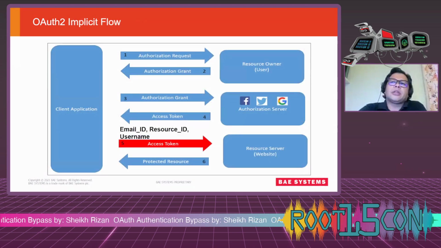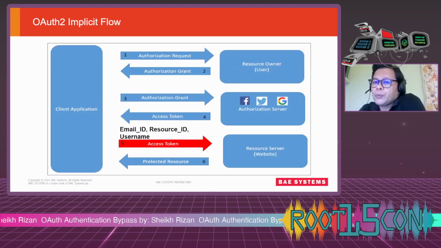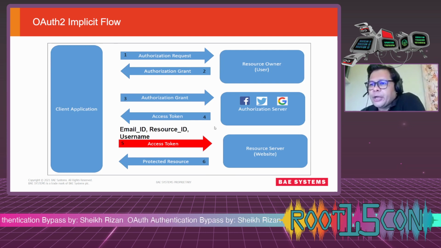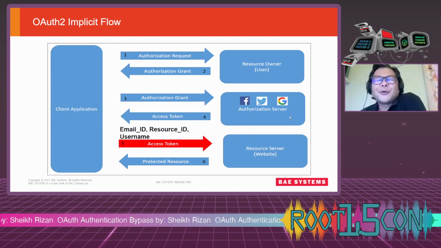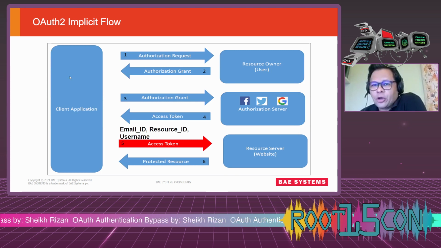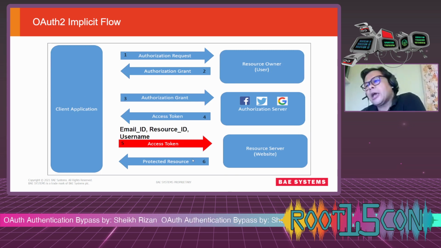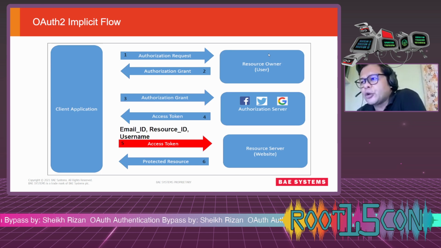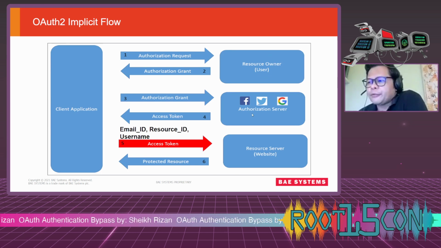Firstly, let's have a look at the OAuth 2 implicit flow. Over here is a diagram that I drew. Well, actually, I stole this diagram, but anyway, the client application is on the left-hand side, and on the right-hand side you have the resource owner. At the bottom, you have the authorization server and the resource server.